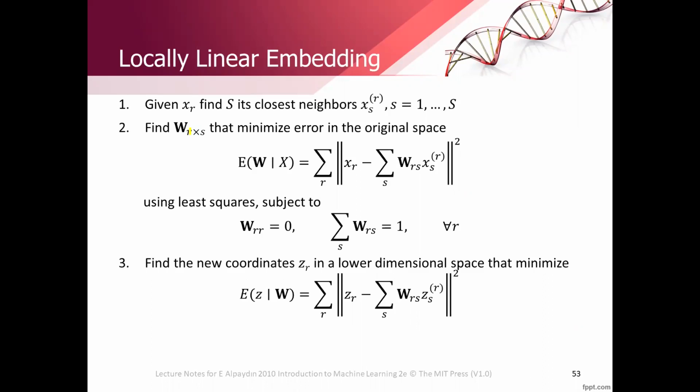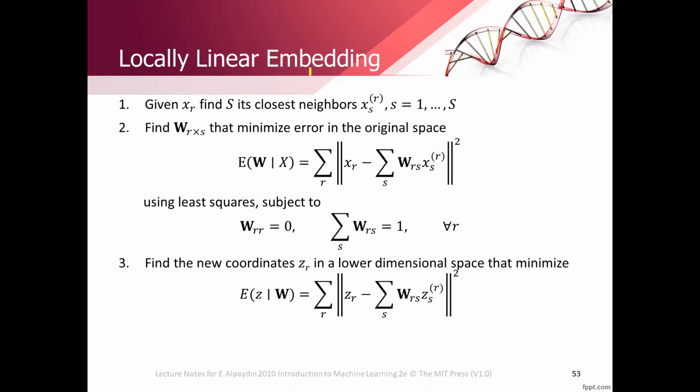So if the observation is mapped to another vector, and this was the closest neighbor, it should remain the closest neighbor after transformation. And this one was the 2nd closest. After transformation, it should be also the 2nd closest.